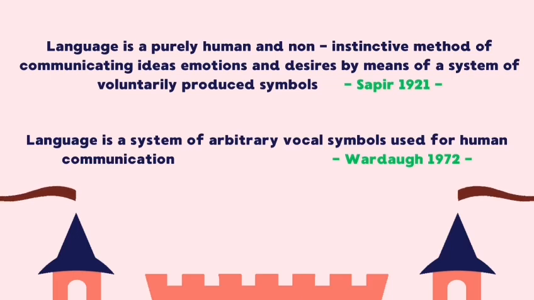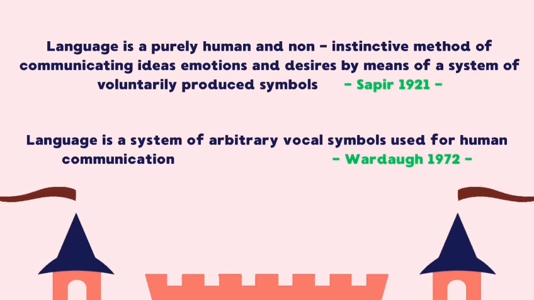The next one is Wardhaugh, 1972. Language is a system of arbitrary vocal symbols used for human communication. When we produce sounds and words, as humans we have some knowledge about language.